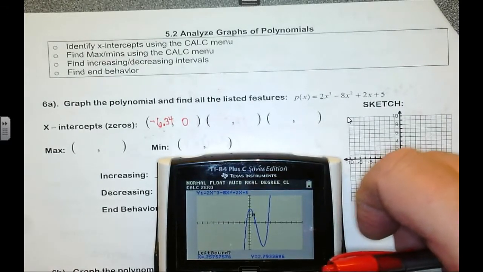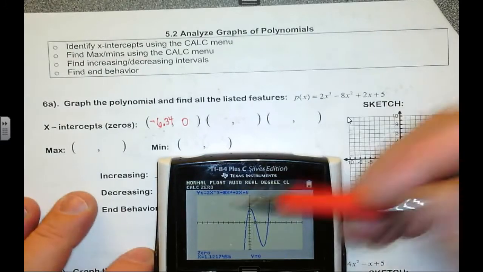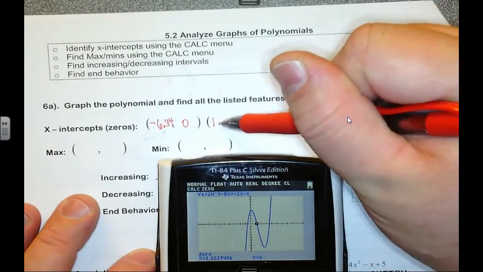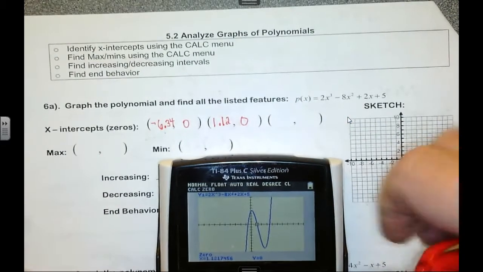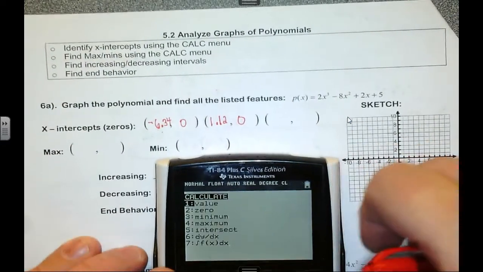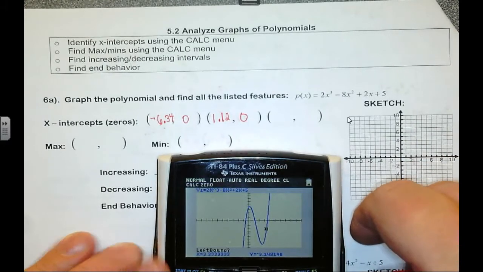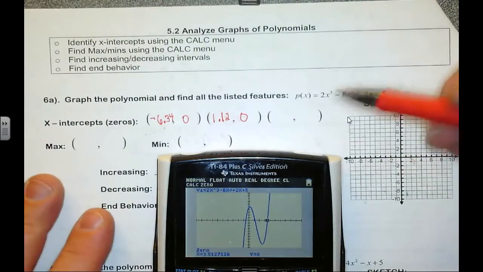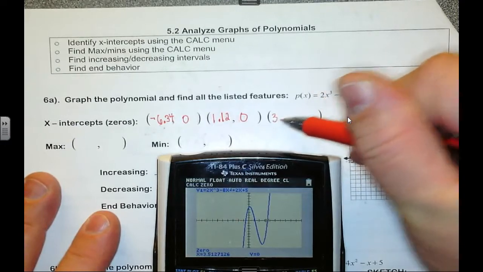Left bound, enter. Right bound, enter, enter. Second zero is 1.12, 0. Third zero, second trace zero. Left bound, enter. Right bound, enter, enter. And my third one's at 3.10.